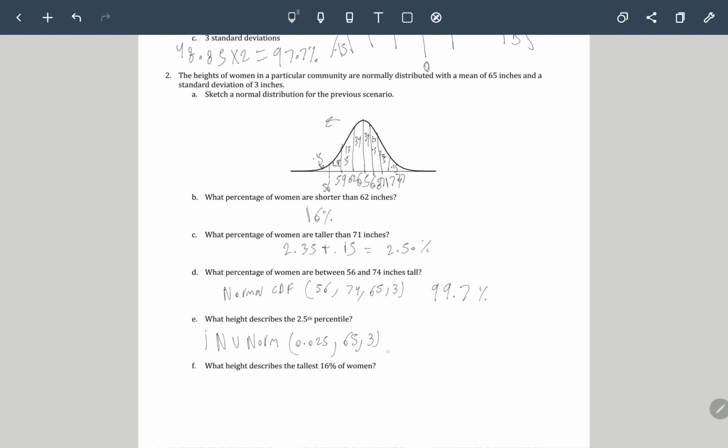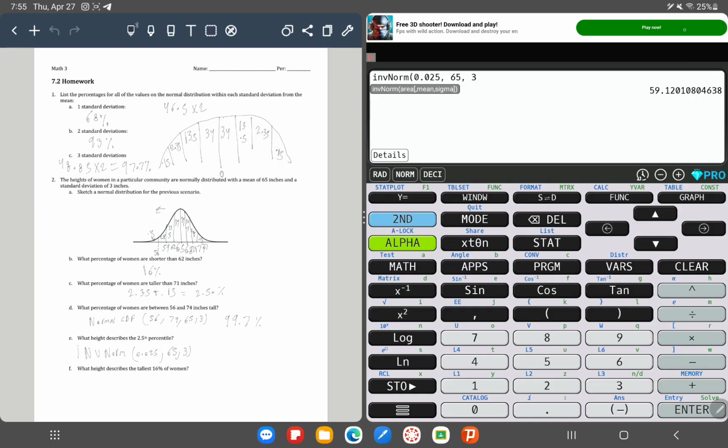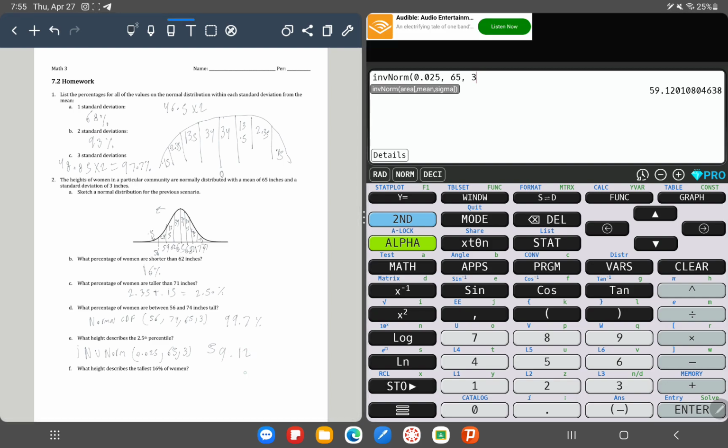Now, if you plug this into your calculator, it'll give you this answer. As you can see, I have brought up my calculator, and it says 59.12, right? So that would be just 59, right? So that is how you do this.